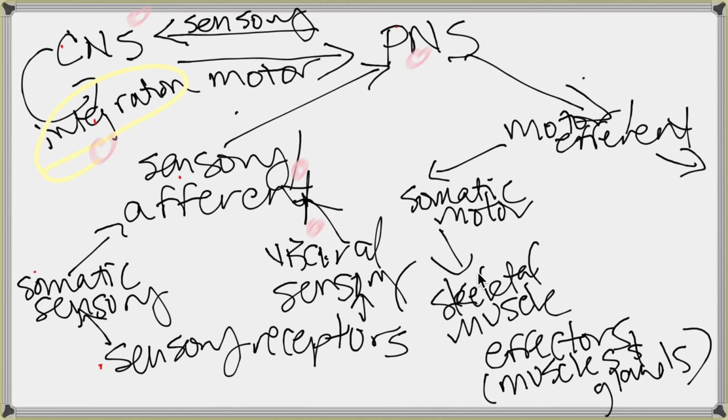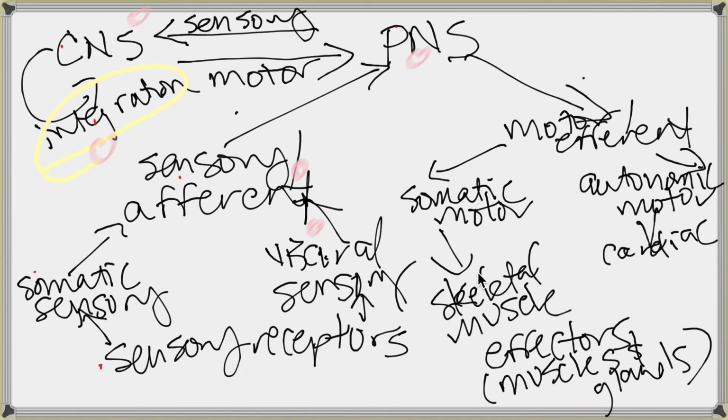And then I'll go through a couple of examples with you when I get finished with this. Okay, and then the other division is called the autonomic motor division. And that goes to cardiac muscle, smooth muscle, and glands. Those are the effectors. And that one is not voluntary at all.